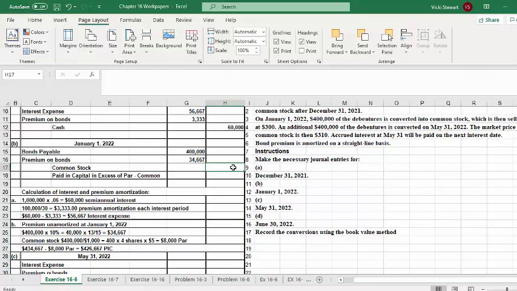The bondholders are going to receive common stock. So the par value of the common stock, first of all, let's determine how many shares we're talking about. There's $400,000 worth of bonds. Each bond is $1,000. So we divide that and we get 400 bonds.